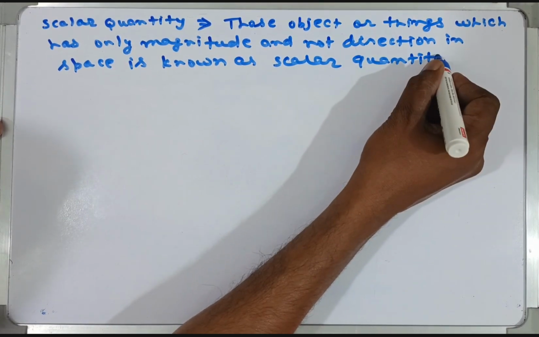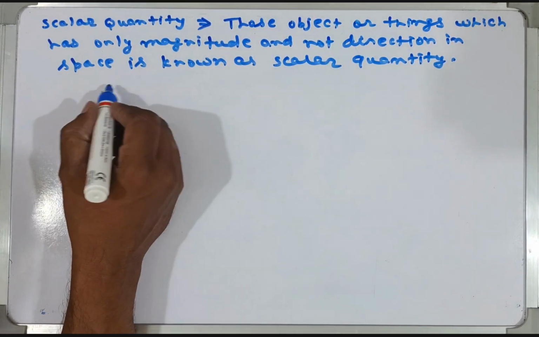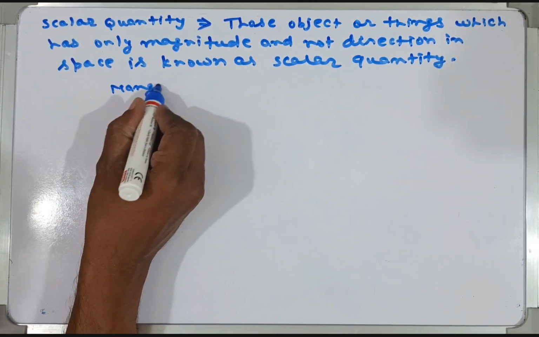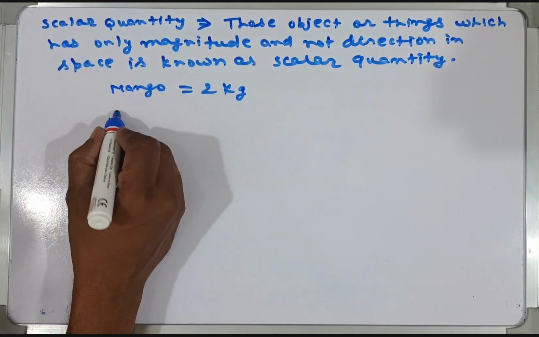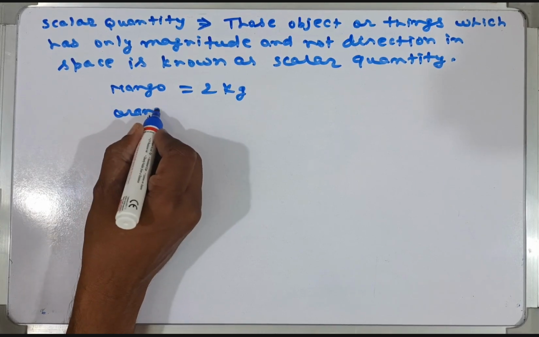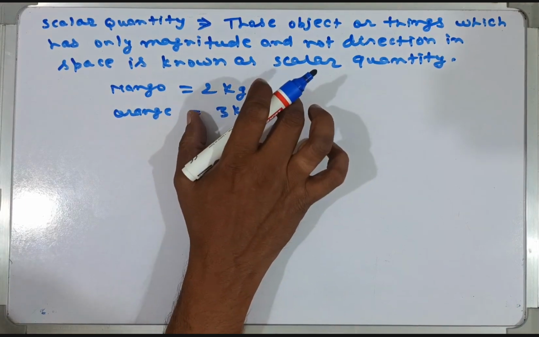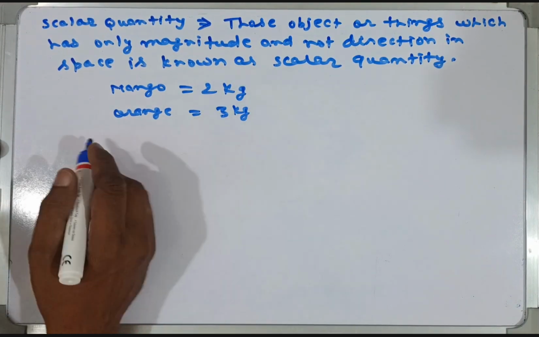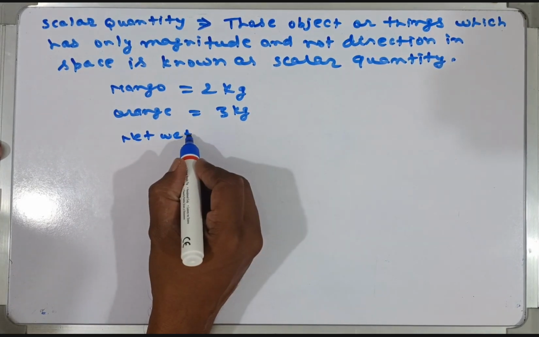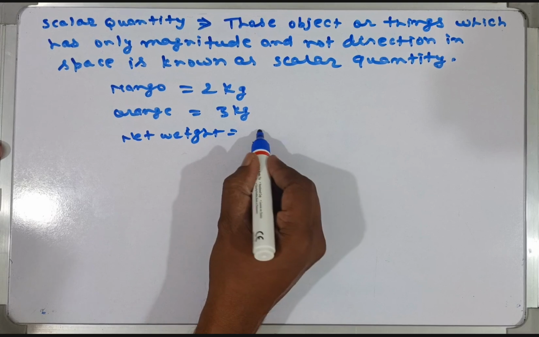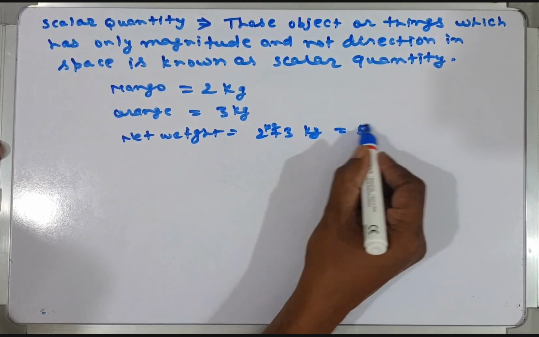Okay guys, suppose a weight of a mango is 2 kg, okay, and weight of an orange is 3 kg. So what you see here, weight is coming, so net weight equal to what guys? 2 plus 3 kg equal to 5 kg.